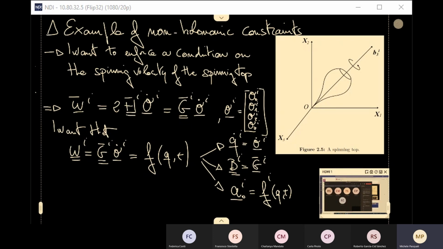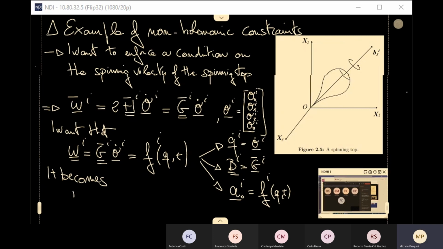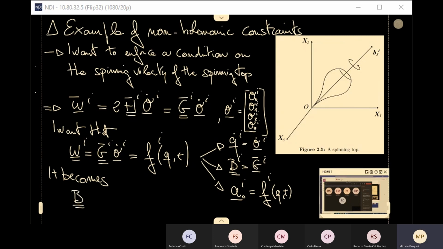So you see that if you do this, it becomes, minus F0, just to have it exactly the same as we did before.